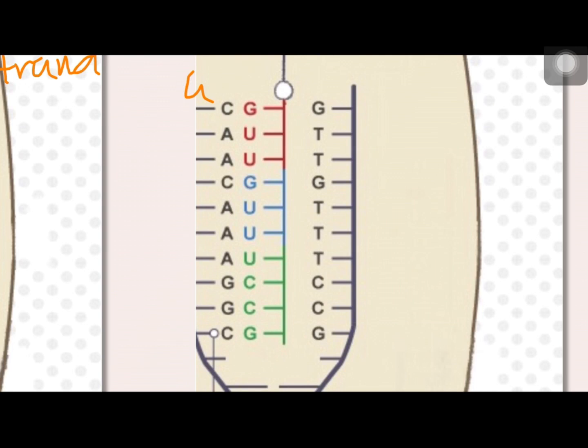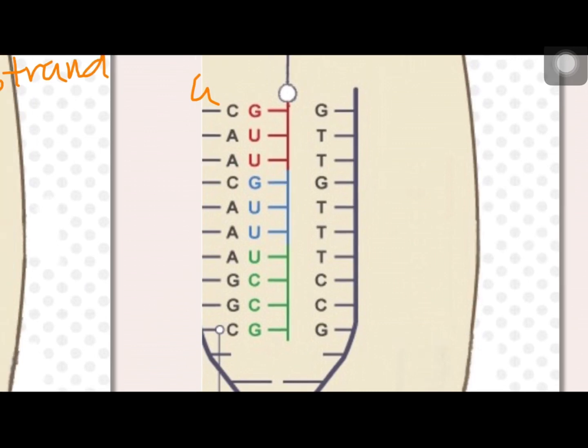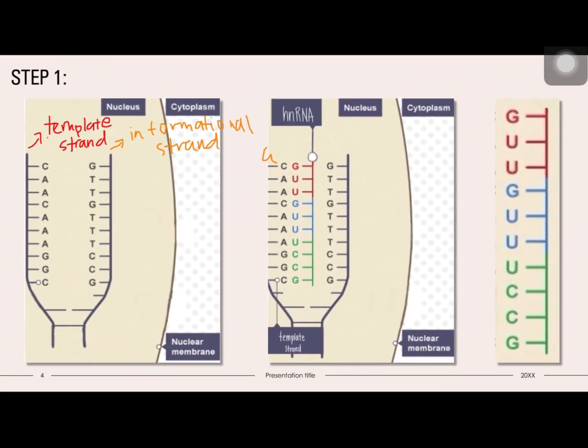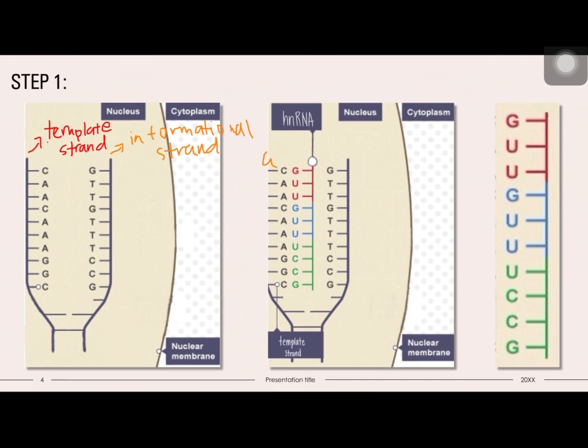Adenine is paired with uracil, and so on and so forth. Not only does the RNA polymerase unwind the DNA, it is also involved in the linkage of ribonucleotides to the growing hnRNA molecule.